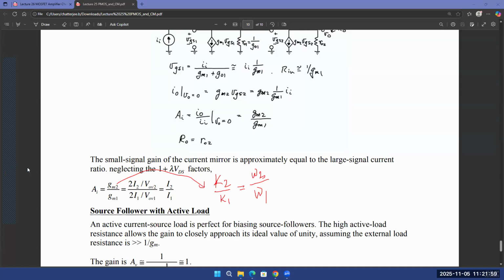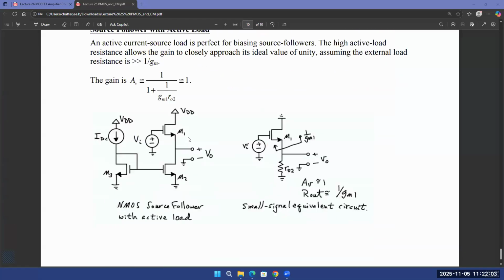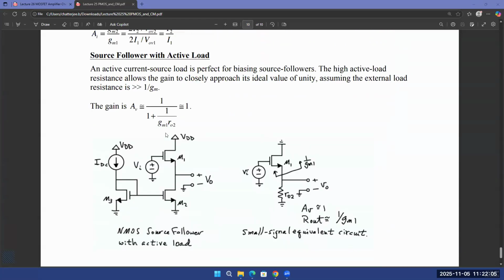All right. So what could be some applications of the current sources? We just saw that you can have a current source. So one application is that you can use MOSFETs as resistors, and you can use MOSFETs as current sources.